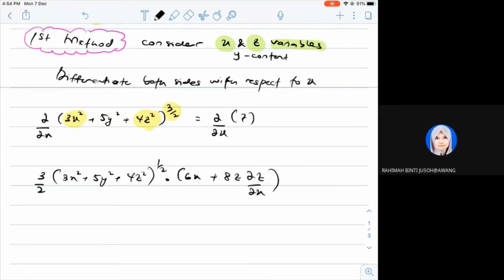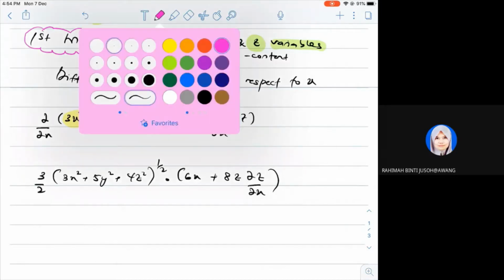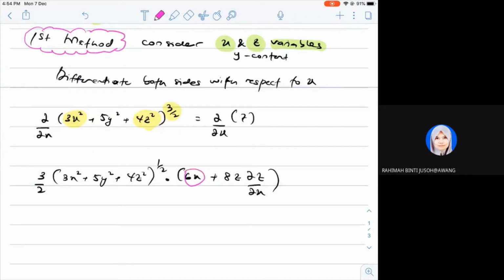Why don't we have del z over del x in 6x? Because for this term, differentiating with respect to x, this is del x over del x, which becomes 1. That's why there is no del x over del x. But for 8z, we differentiate z with respect to x, so that's why it has del z over del x.